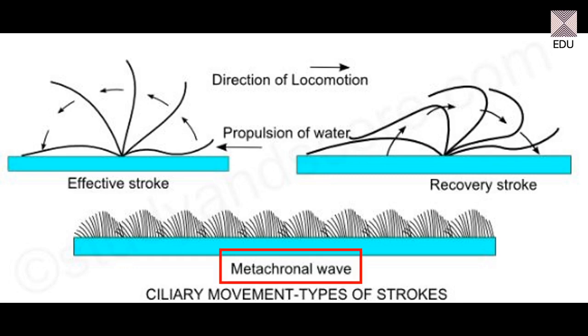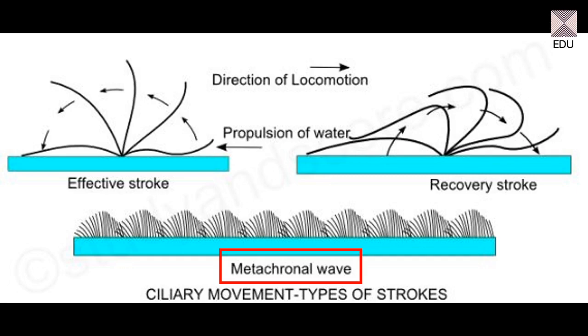It is also called synchronous rhythm. That means all the cilia are moving continuously. If they are moving to the left side, all the cilia are moving towards the left. And if they are in the recovery stroke, all the cilia are in the recovery stroke. So they can synchronize with each other.